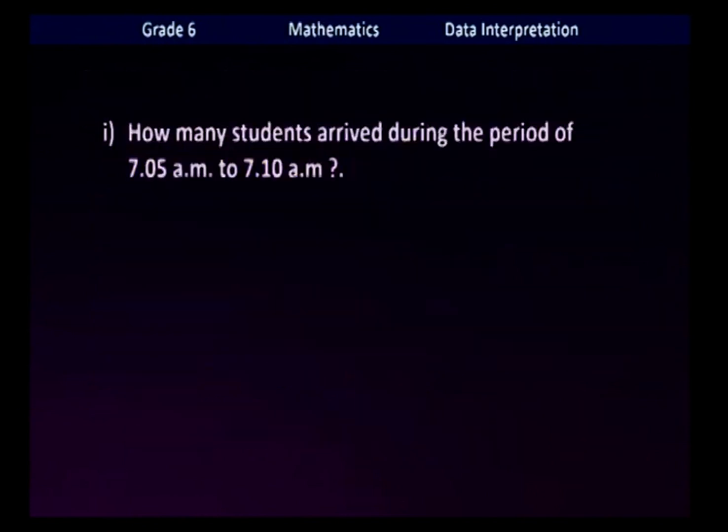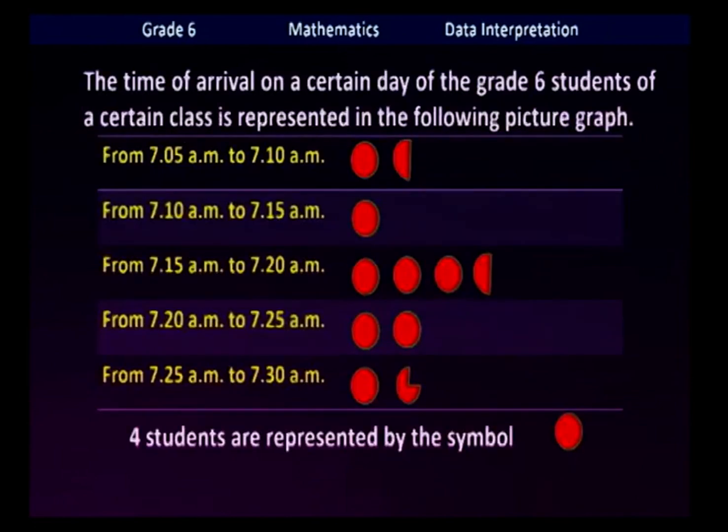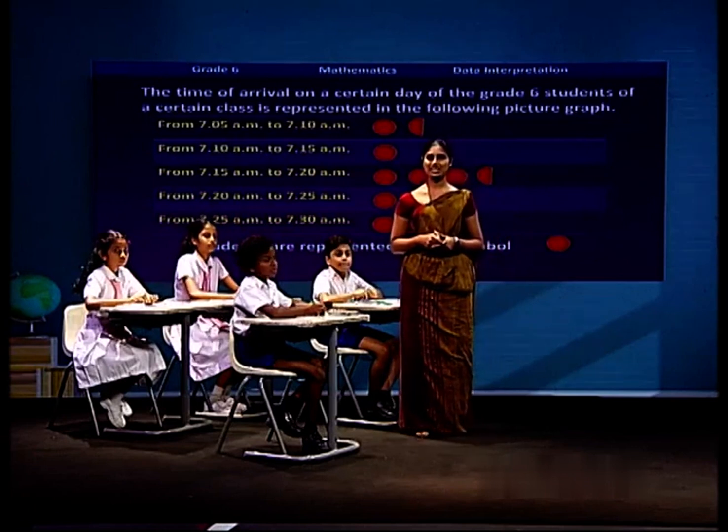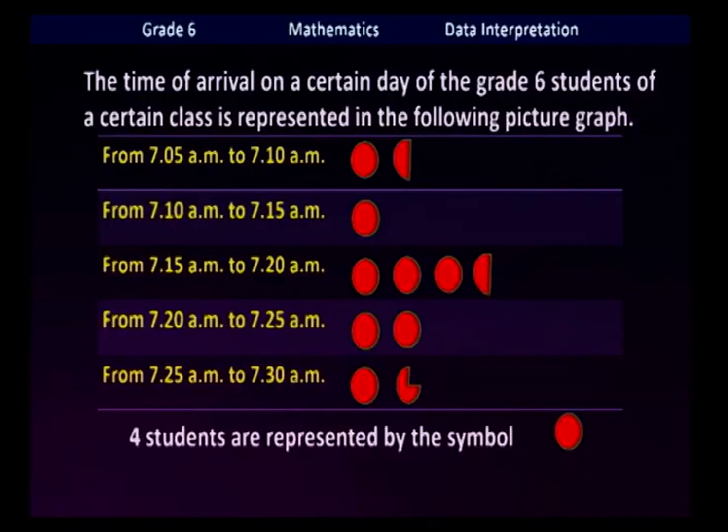Very good. How many students arrived during the period of 7:05 a.m. to 7:10 a.m.? How many symbols can you see? 1.5. Very good. One symbol represents 4 students, and half of a symbol represents 2.